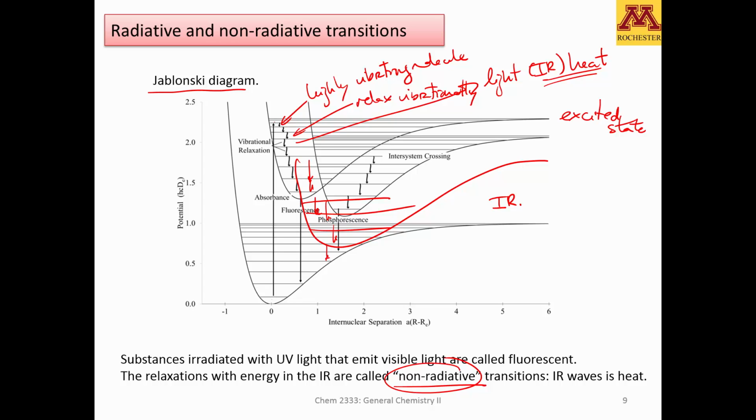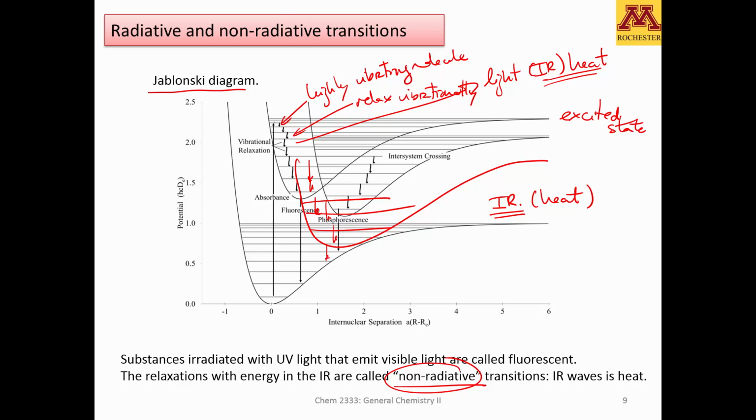Most substances, and you can see every object, unless you are in a club right now, but I doubt it, every object that you see around is not emitting any light. It's not fluorescent, it's not phosphorescent. It's because it relaxes from excited states to a lower state, just emitting infrared, also known as heat. Energy is conserved, but the way the molecules come down to the ground state is, if you will, less spectacular.